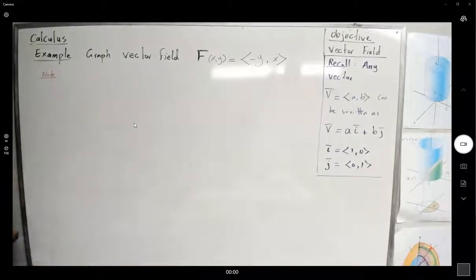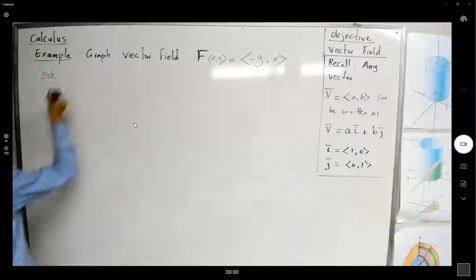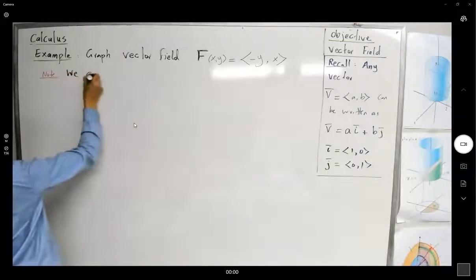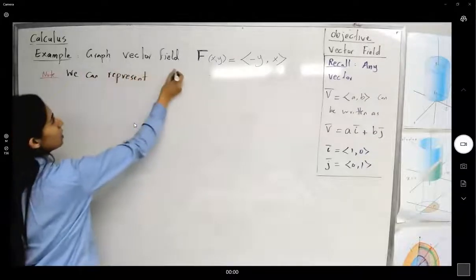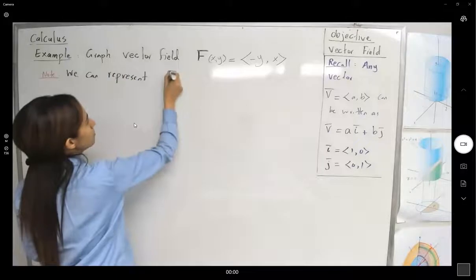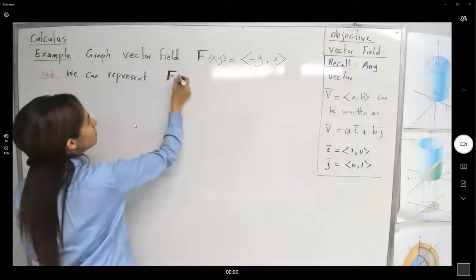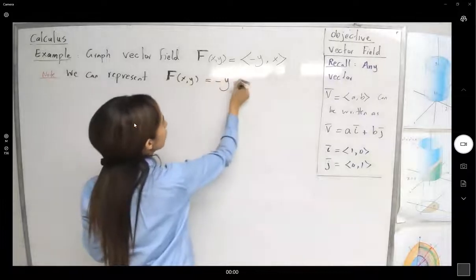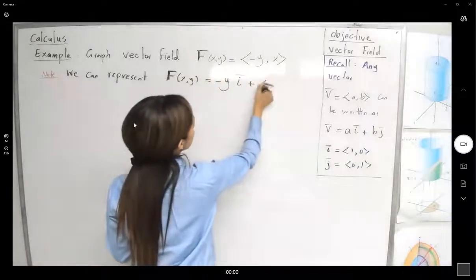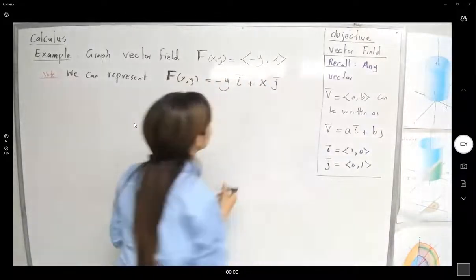So let me write that note for you. We can also represent F of x and y as negative y times i plus x times j.